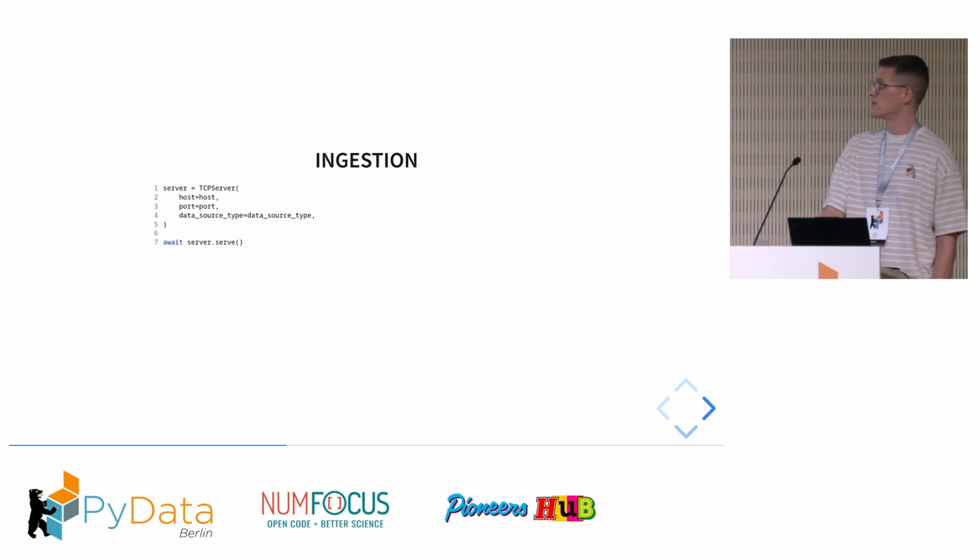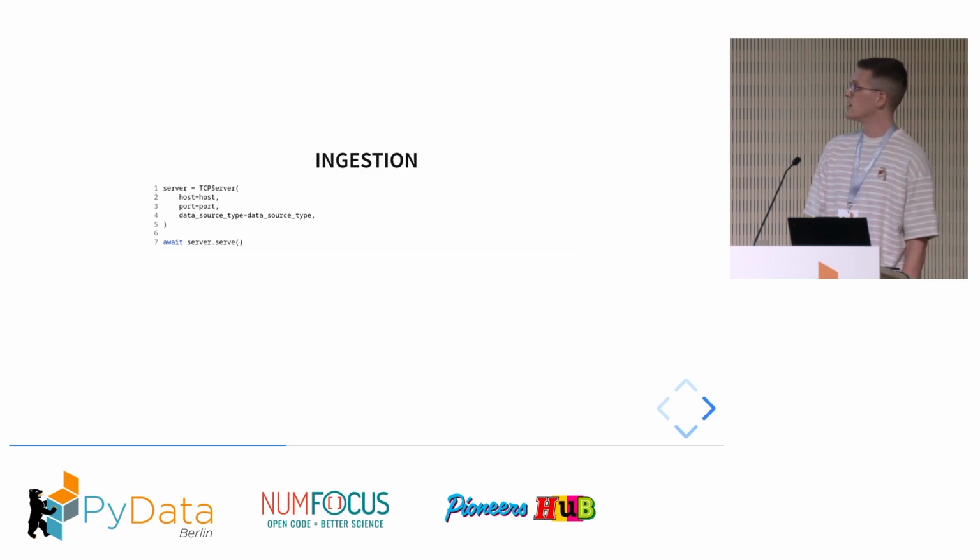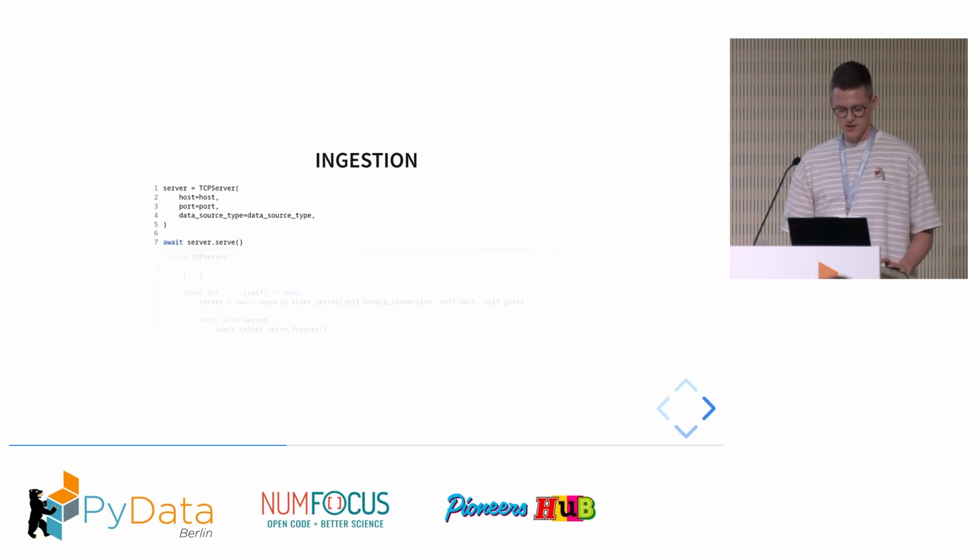Running a TCP server, we create our own class for that because we want to encapsulate a few different operations. But what we need is basically a host and a port, and then serve the TCP server. And because we're doing async, we need to await the serve statement.